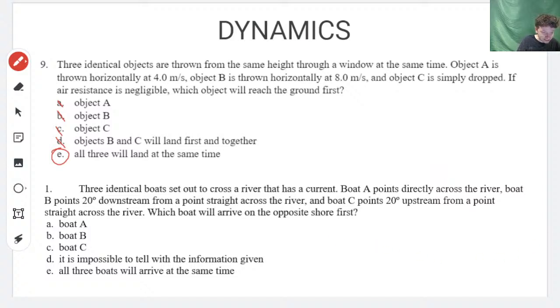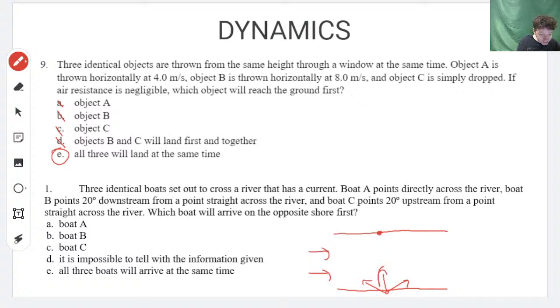This is a fun question that I do with my class. If you have a current through a river, one boat aims in this direction, one goes straight across, and one goes downstream. Now the question is not which one gets to that opposite point across the stream first, but just when does it get across the stream first? And this is very similar to the first problem because we have to think of components.